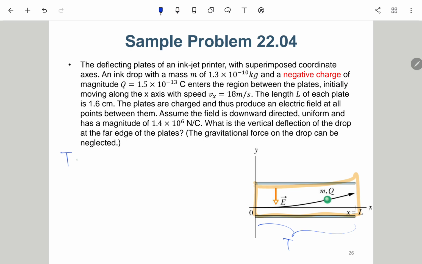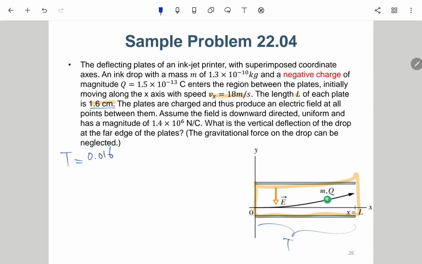Okay, so actually t equals L over Vx. L is 1.6 centimeter here, and then the Vx is 18 meters per second. So we have 0.016.